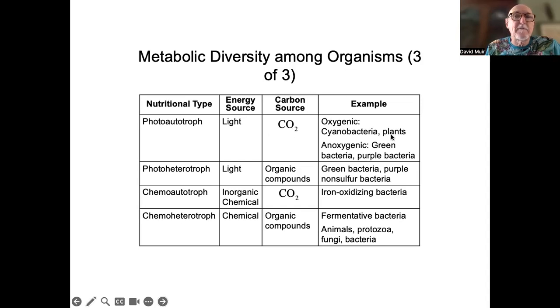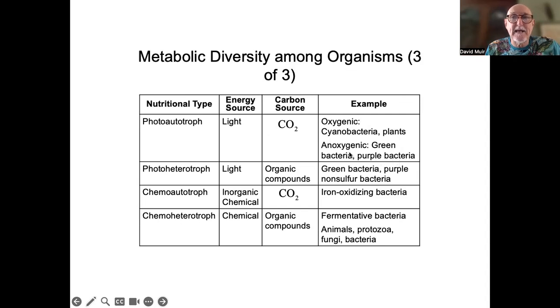Those are familiar to us, the oxygenic ones, cyanobacteria, the plants, algae, all of those sorts of things. But then remember that there is a group which does not use water as a source of reducing power, and those are the anoxygenic organisms. Just know that they exist, okay?